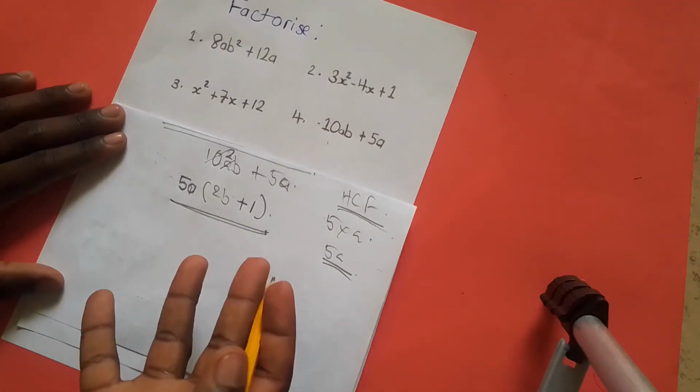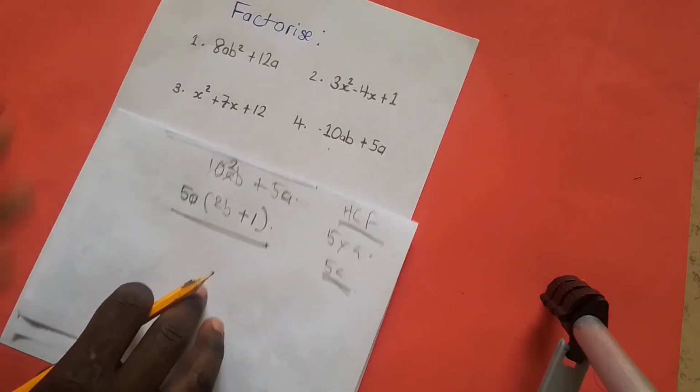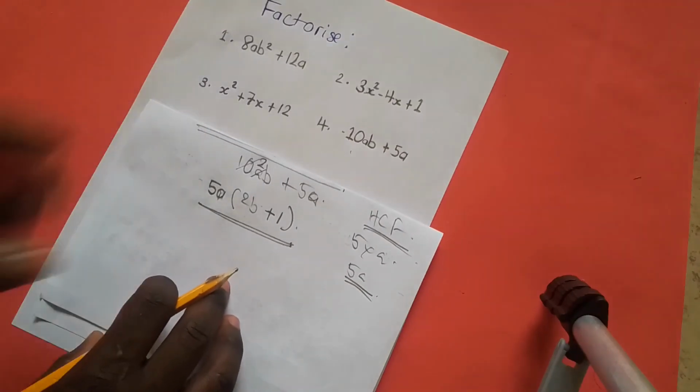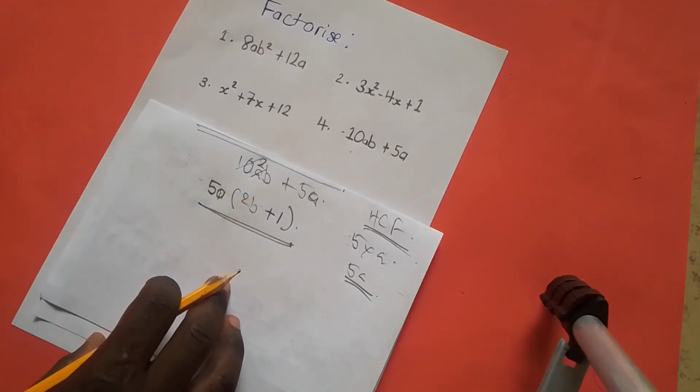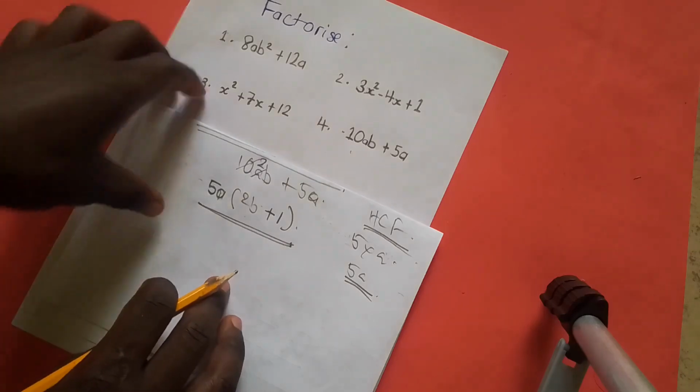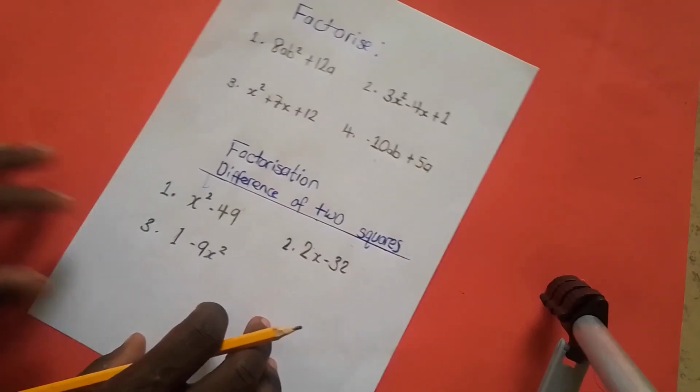You're done with factorizing. Though you're not completely done, because there is another concept in factorization which is called the difference of two squares, right?